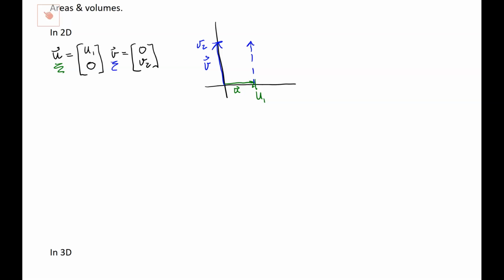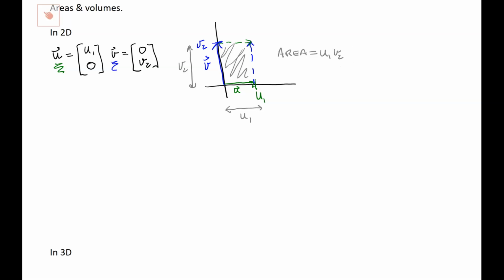And then I'm going to take a copy of the u vector and situate it so that its tail is at the tip of the v vector. This area that's inside here is the area of a rectangle because all of these are right angles. And the area of this rectangle is just u1 times v2.